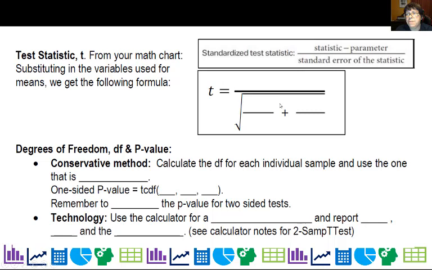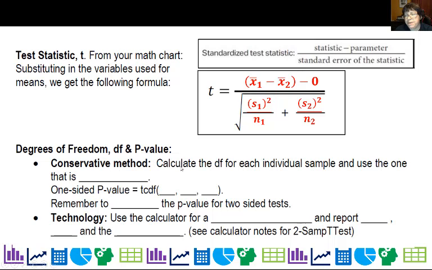And unfortunately, this formula is not on your math chart, so you need to remember it. It's going to be the difference in means, because that's our statistic, minus what we're assuming the difference is, 0. That's our parameter. And then we just went over how we got this formula for the standard error of the statistic. All right. So then the last part is doing degrees of freedom and the p-value.